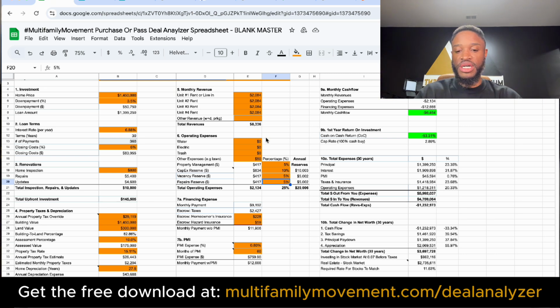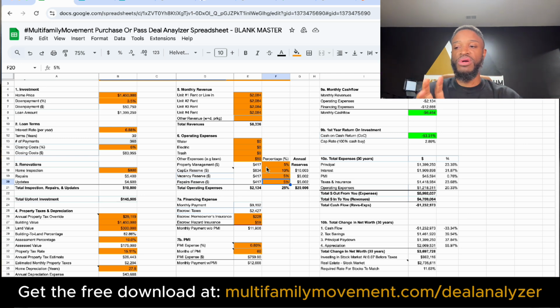No, it's not, because we're setting aside $2,134 for these expenses here, right? You subtract that $2,000 and now that's $6,202. So this is why rents being higher than mortgage is not what qualifies something as a real estate deal.